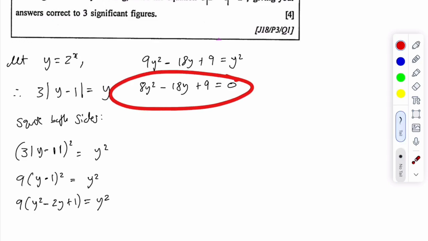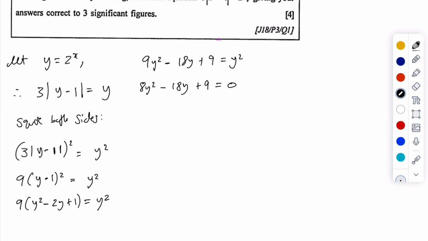Okay, and we need to factorize this now. So if we factorize this, what we get is (2y minus 3), okay, times (4y minus 3) is going to equal 0, right? Which means that y is 3 over 2, okay, 1.5, or 3 over 4, 0.75, right?